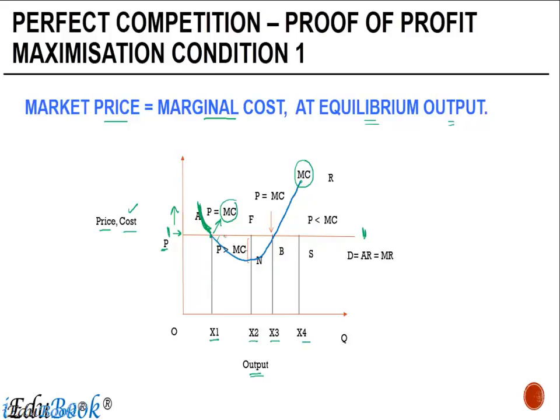For the area that I'm just highlighting, the marginal cost, which is also on this particular line, is less than the price, or in other words, price is greater than the marginal cost. At this point, price is again equal to the marginal cost, and for the area above this point, the price is this particular line and the marginal cost is plotted here.